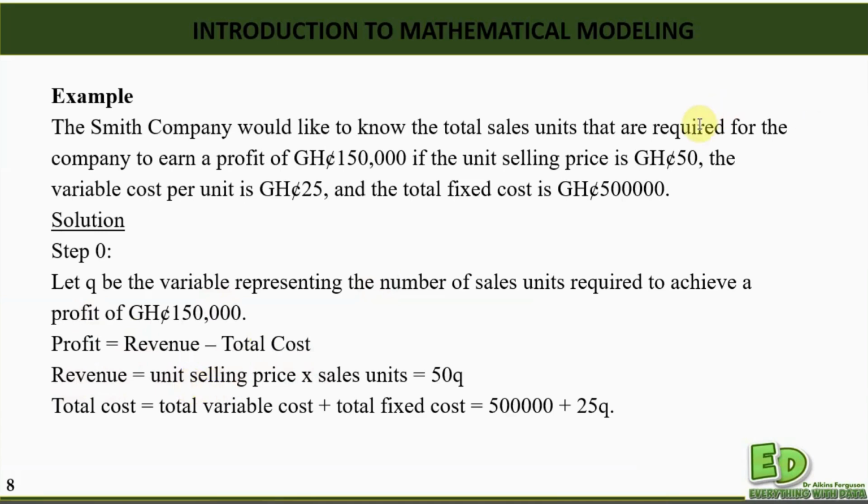That is 50 here times the quantity Q will give us 50Q. Total cost is also equal to total variable cost plus the total fixed cost. Here we have the total fixed cost of 500,000 plus total variable cost, which is variable cost times quantity. That's why I have a fixed cost of 500,000 plus a variable cost of 25Q.